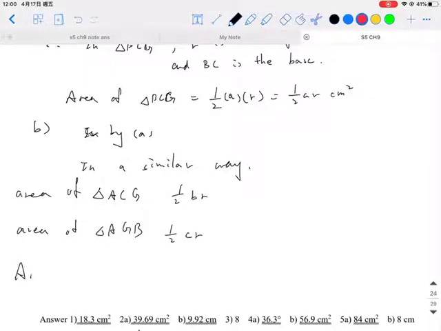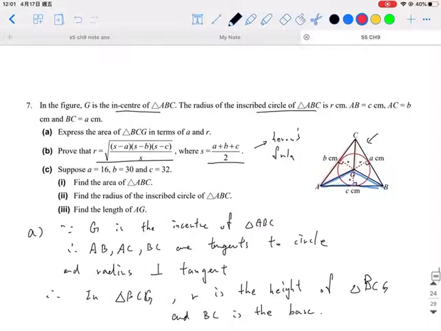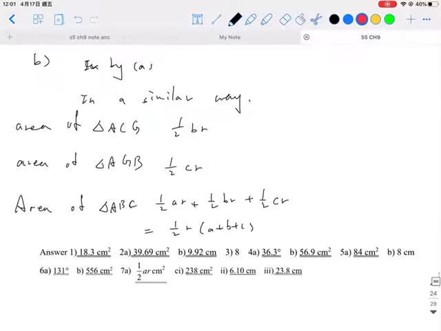So the area of the large triangle should equal 1/2 AR plus 1/2 BR plus 1/2 CR. We can take out the common factor 1/2 and R. And we know that (A plus B plus C) over 2 is equal to S, right? So therefore, it is equal to RS.